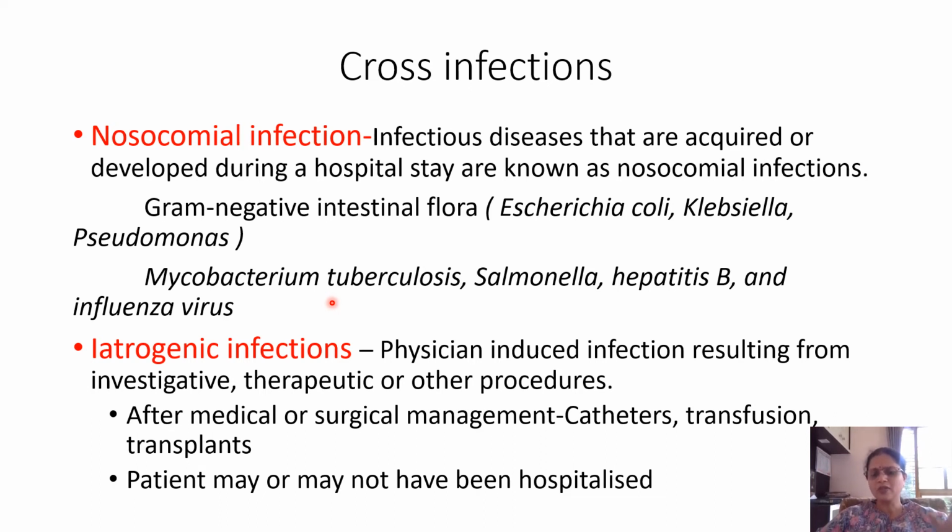So from one patient who is suffering from TB, the organism can easily enter another patient who has been admitted for some other reason. Okay, so all these infections can be caused in a hospital environment. So they can all be given as examples for nosocomial infection.